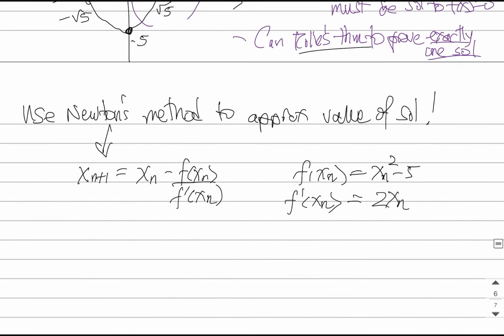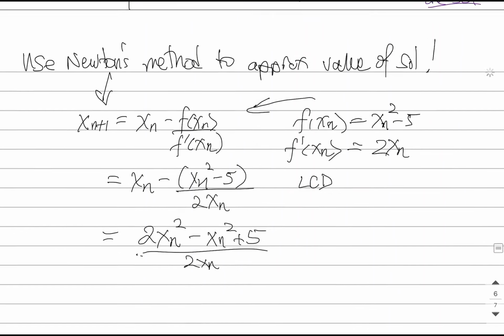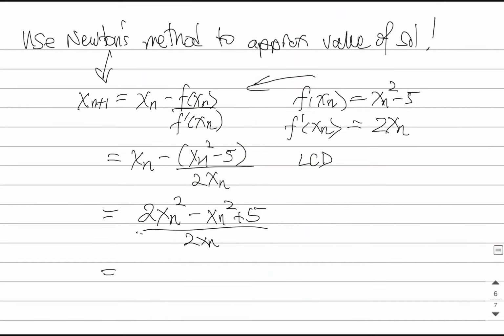So if I sub all of these things into my expression, I'll get xn subtract xn squared minus 5 divided by 2xn. If I were to put all of this over a common denominator, I would get 2xn squared subtract xn squared plus 5, all of it over 2xn. And at the end of the day, this will give me xn squared plus 5 over 2xn.